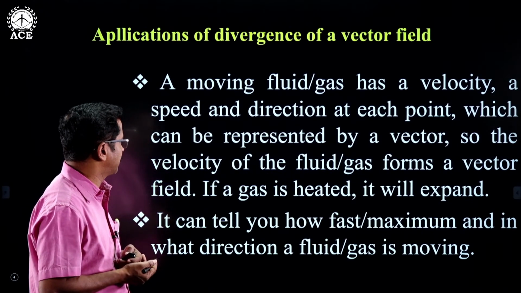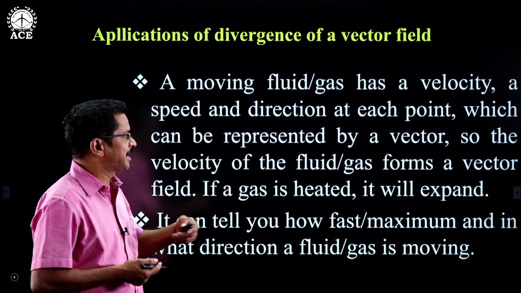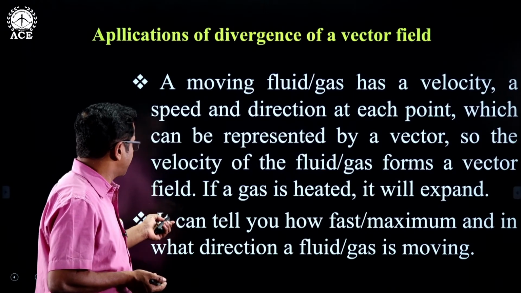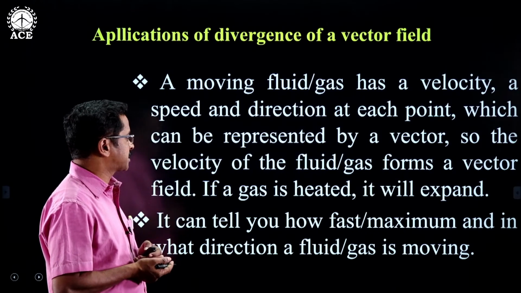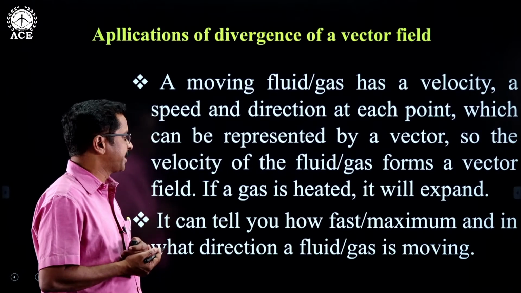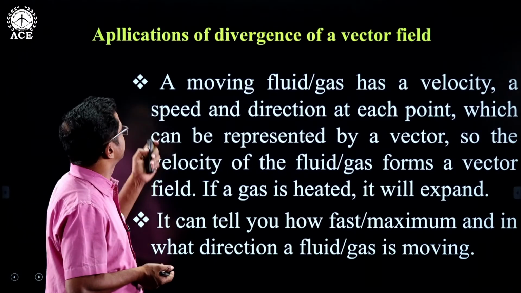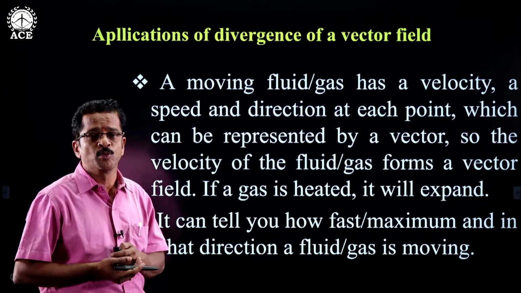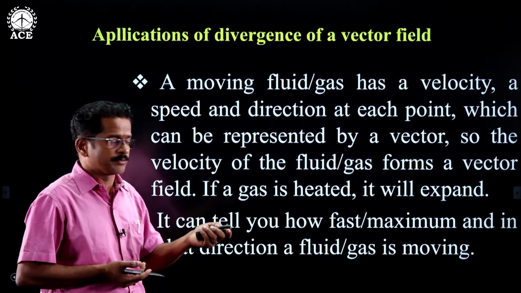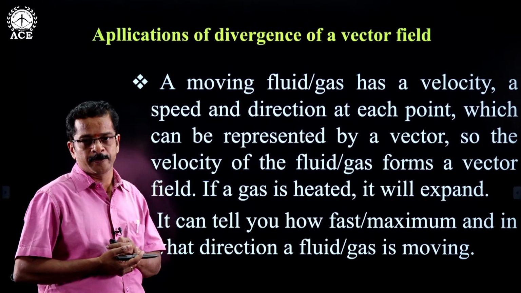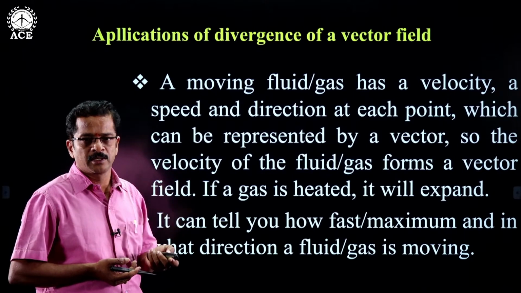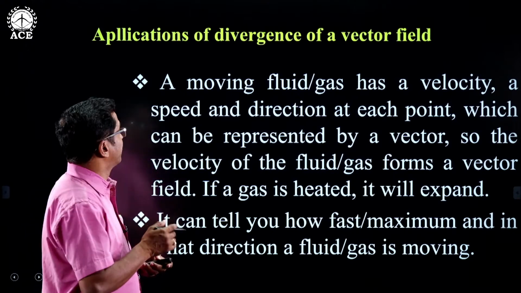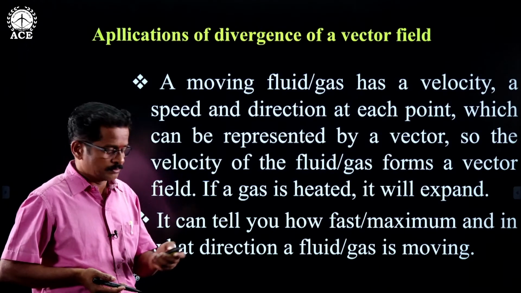If a gas is heated, it will expand, and it can tell you how fast, or the maximum, and in what direction the fluid or gas is moving. Divergence of a vector field helps us evaluate in which direction it moves and how fast, using divergence and also directional derivative.